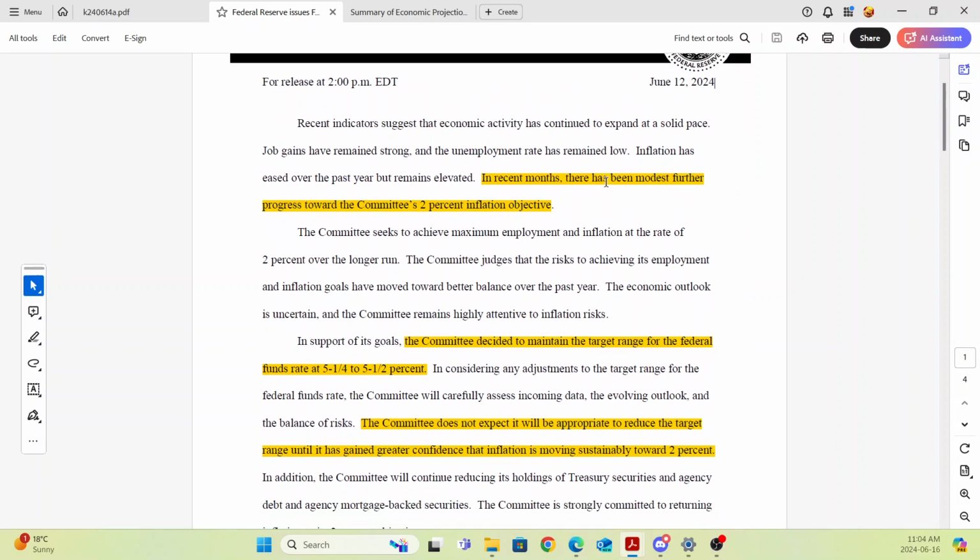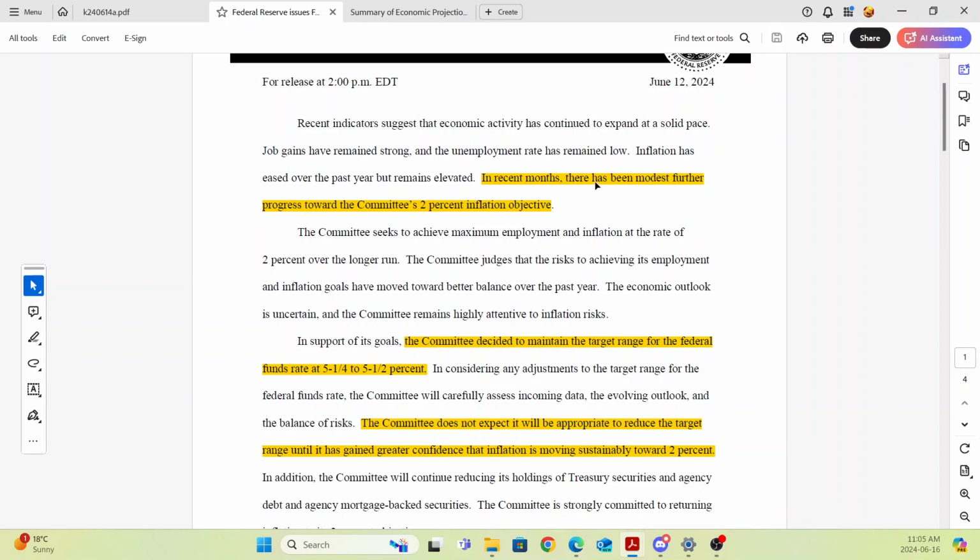I have marked some of the key notes where I usually try to focus, and what they have changed, anything in their tone or in their words which can lean toward a hawkish or dovish statement. They changed a little bit in this statement.